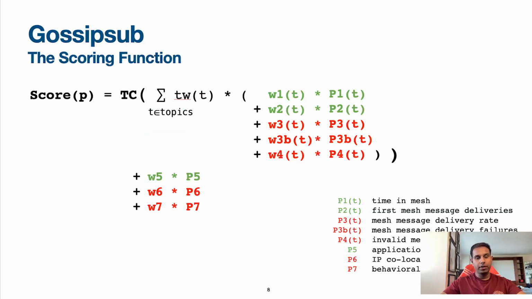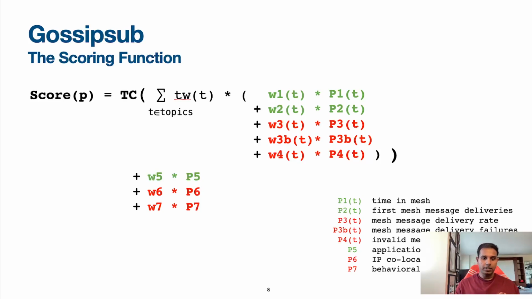GossipSub detects peer behavior by combining the previously shown metrics in this scoring function. Notice that it's quite complex, with the green metrics being multiplied with positive weights and red metrics multiplied with the negative weights. These quantities are summed, multiplied with per topic weights, and the summation is then subjected to an overall cap.